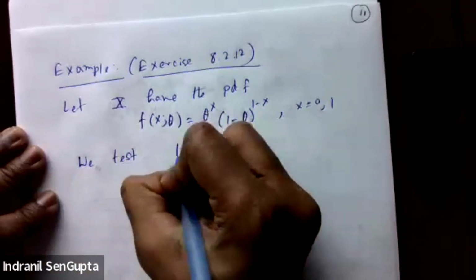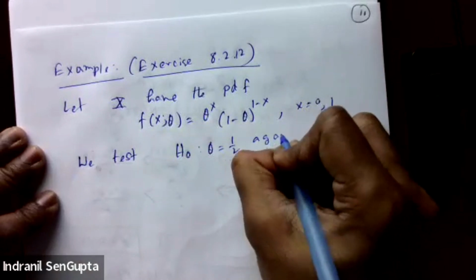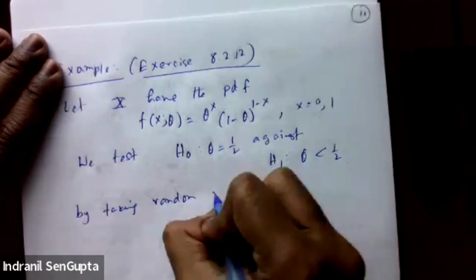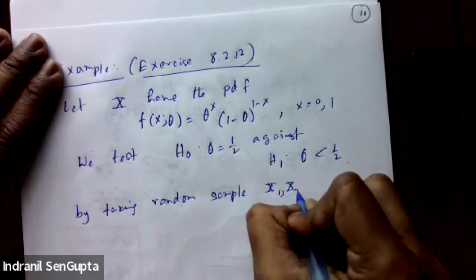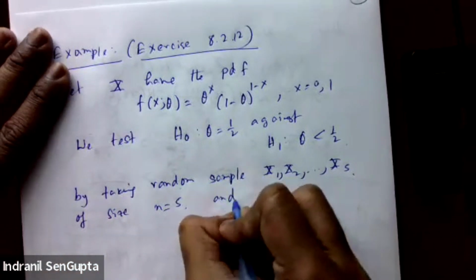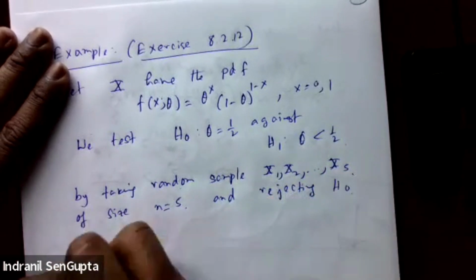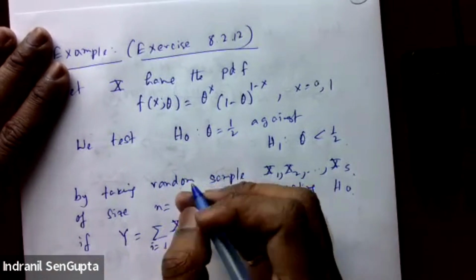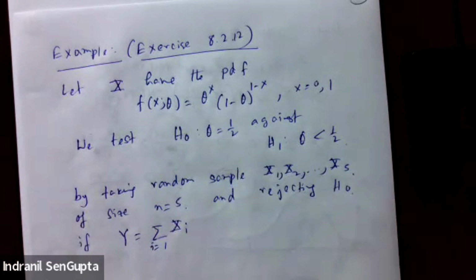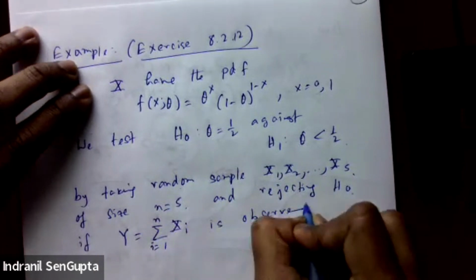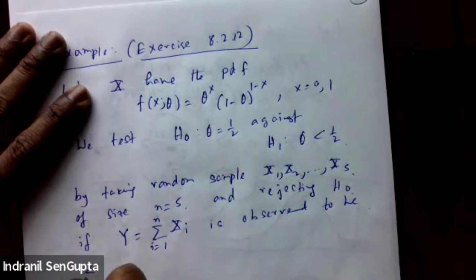We test H0: theta equals 1/2 against H1: theta less than 1/2, by taking random samples X1, X2, up to X5 of size n equals 5, and rejecting H0 if Y equals the sum of Xi, i from 1 to n, is observed to be less than or equal to a constant c.